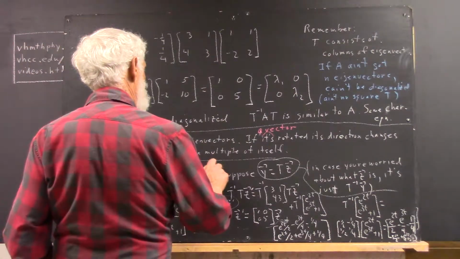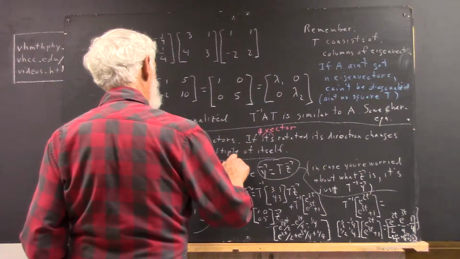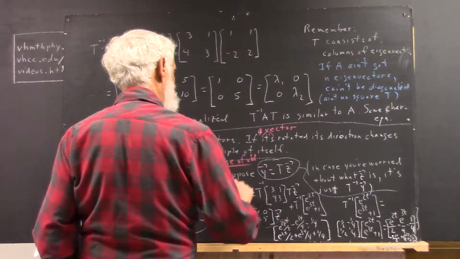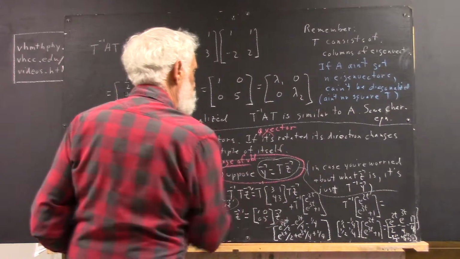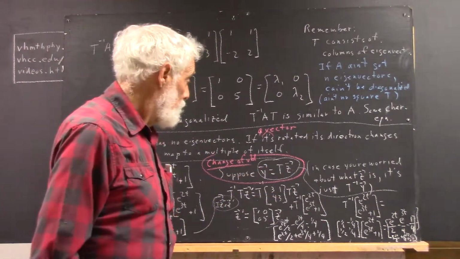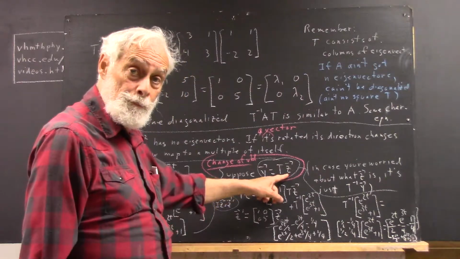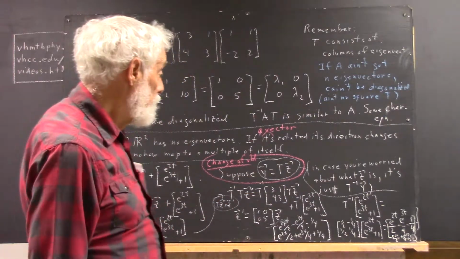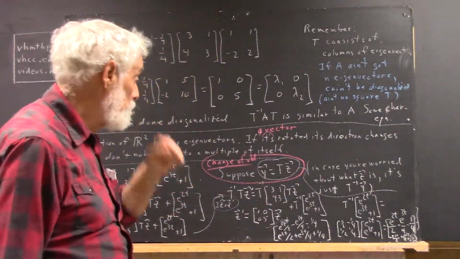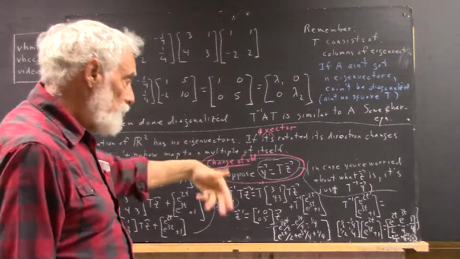I refer to this as a change of variable: y equals Tz. So we've got a new variable z. If you're hung up on what z is, it's real easy to see. You don't really need to know this to do what we're doing here; you see it at the end.